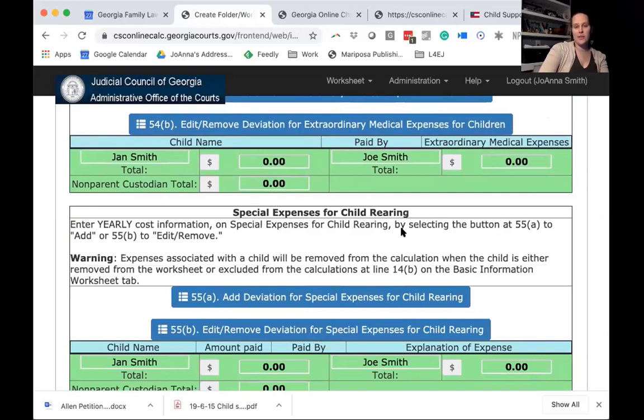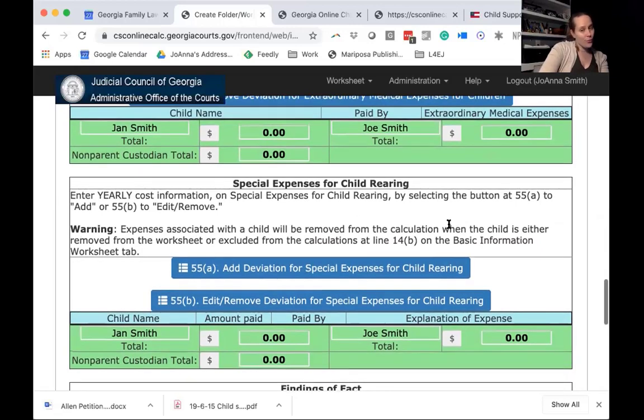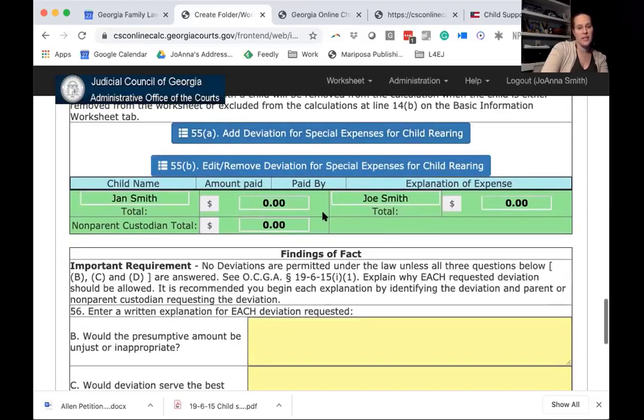Same with special expenses for child rearing. Maybe a child's in travel baseball and they want to put that expense in here. I wouldn't recommend putting things like that in the worksheet, but if it's a high conflict couple and the expenses are pretty similar from month to month, then you could put that in here, special expenses.